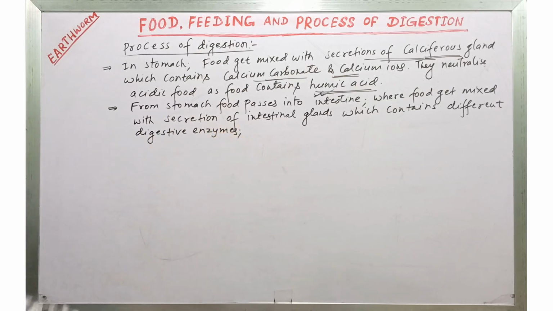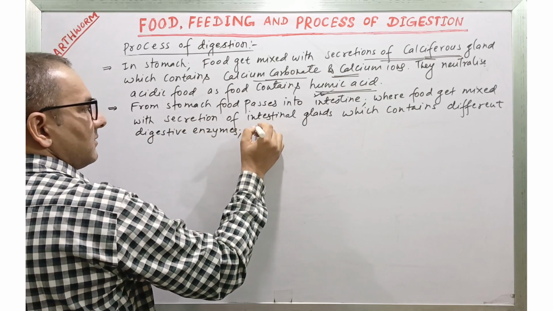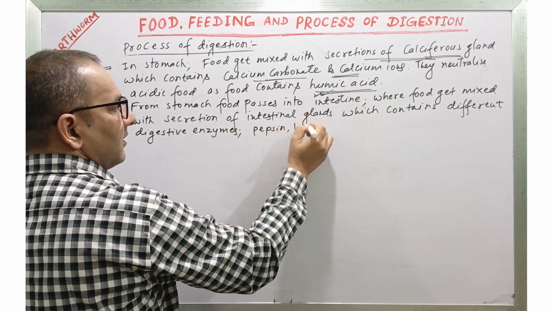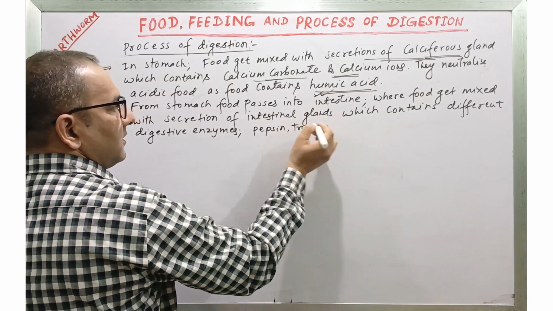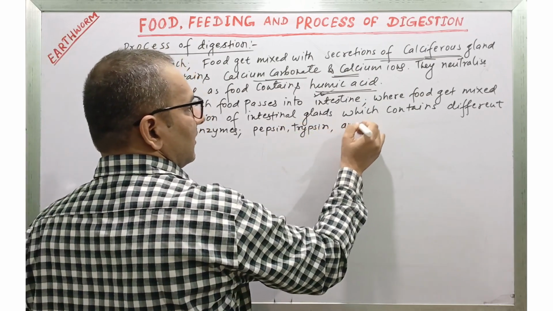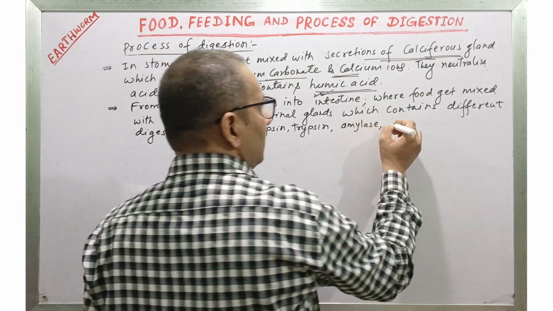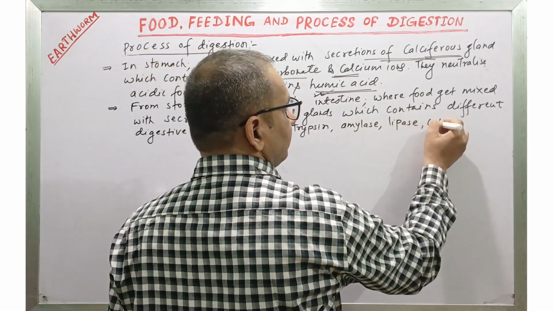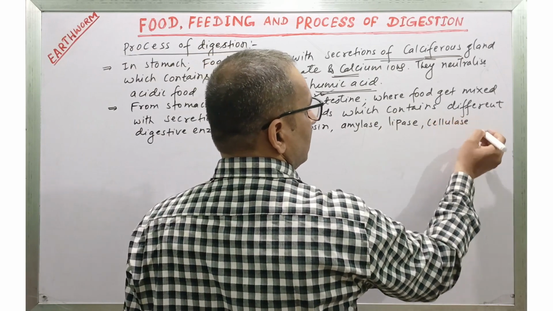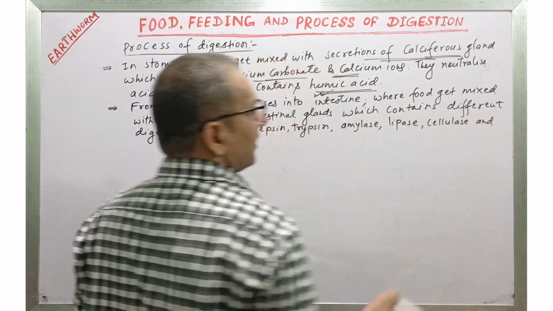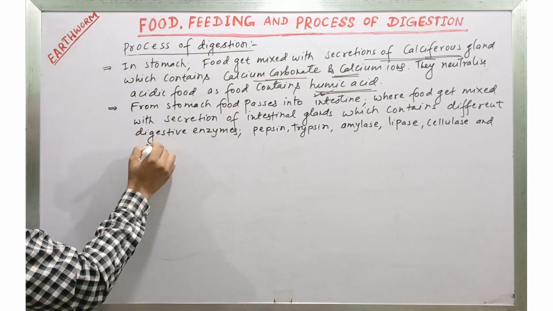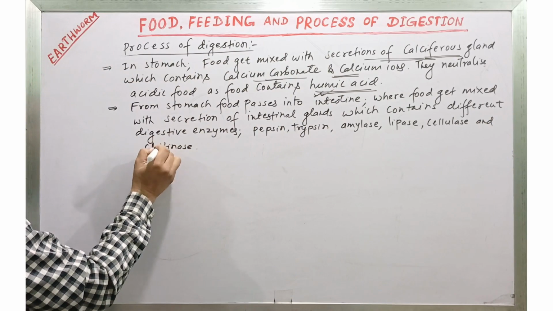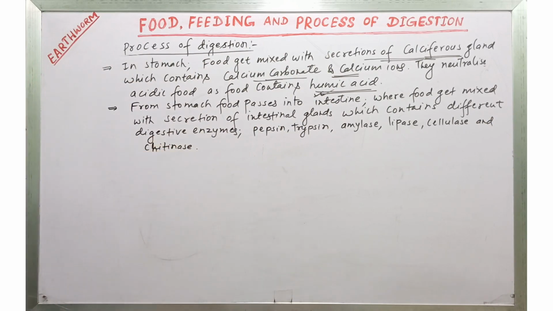And the digestive enzymes are pepsin, trypsin, amylase, lipase, cellulase, and chitinase. So these are the different digestive enzymes.